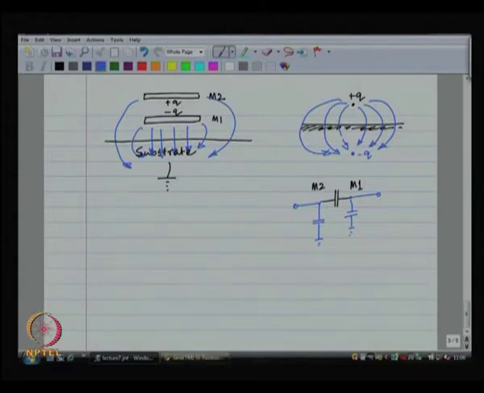So, these parasitics are smaller than if we had used a MOSFET, because they are a little further away. So, the parasitics are smaller, however, they are there. So, beware, they are there, you cannot do anything about them.